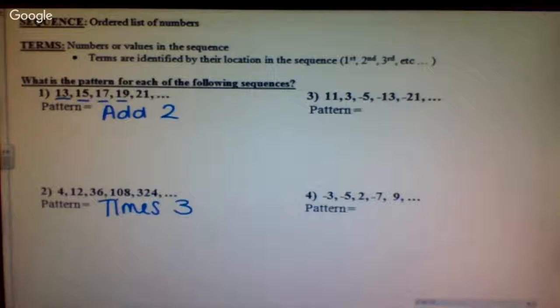All righty then. All right, figure out 4. One of y'all are going to get it.